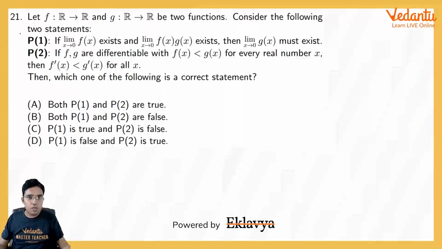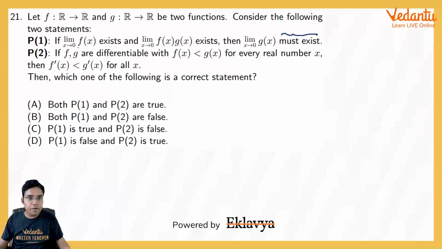Now coming to question number 21, which says f: R to R, g: R to R be two functions, consider the following two statements. Statement 1 says limit x approaches 0, f(x) exists. If this exists and this exists, then limit g(x) must exist. Dear all, this is one very common problem.